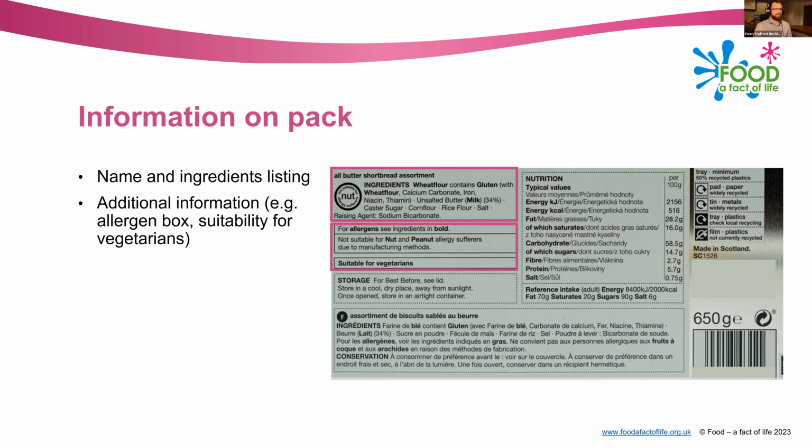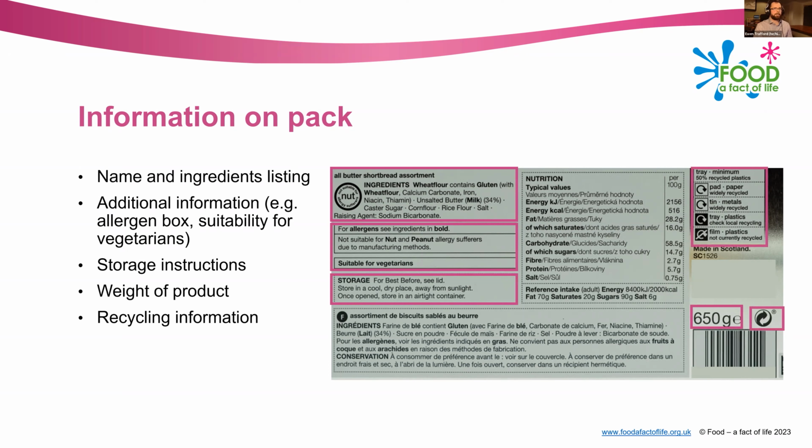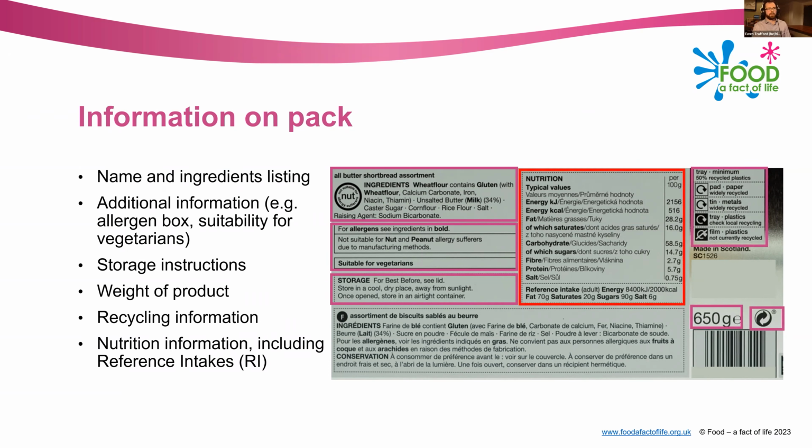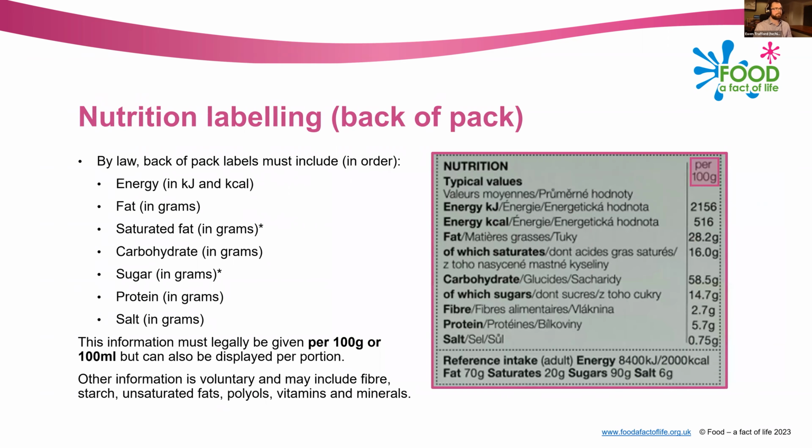There's also additional information here. So again, pointing consumers towards the allergen information, and also saying that the product is suitable for vegetarians. Storage instructions, the weight of the product, recycling information for the product, and most importantly, and what we're going to be talking about today, the nutrition information, including the reference intakes for key nutrients.